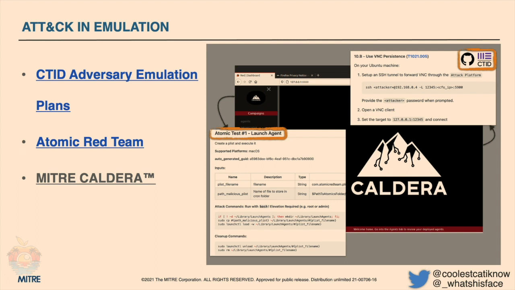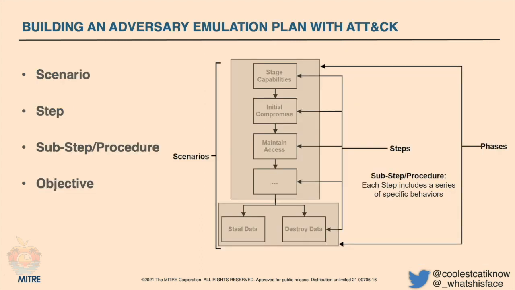Caldera is also a project that MITRE pushed out, where you can use their macOS agent to execute both of these different libraries, which is nice to have as an already baked-in, free project for you to test things out. All of these sources are free.